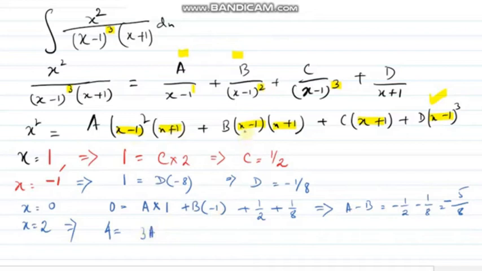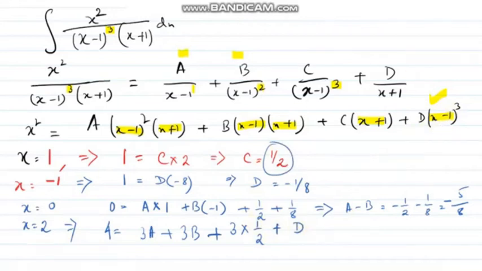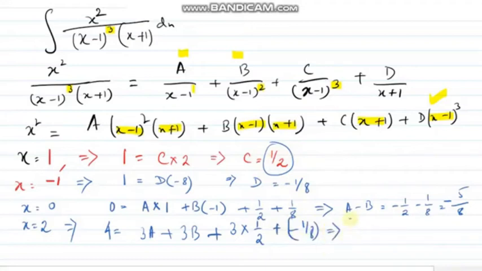Similarly 3b, plus 3 into c, which is half, plus d into (2 minus 1) whole cube, that is 1 only. If I put the value of d, which is minus 1 divided by 8, my equation will be 3a plus 3b equals to 4 minus 3 by 2 plus 1 divided by 8.